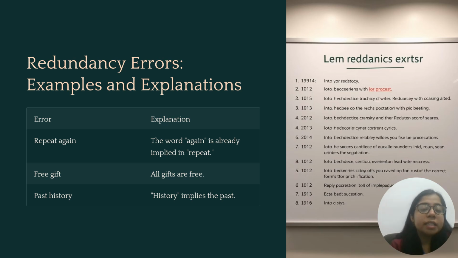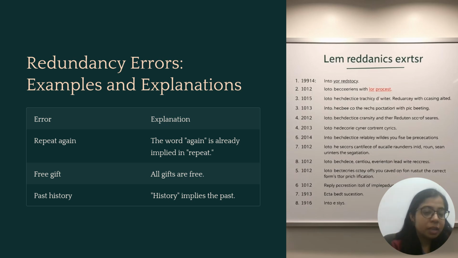Next is redundancy errors, examples and explanations. The first error is written as repeat again. The word again is already implying repeat. Okay, ma'am, please repeat again? No, ma'am, please say again, or ma'am, please repeat. So we will never use repeat and again together.